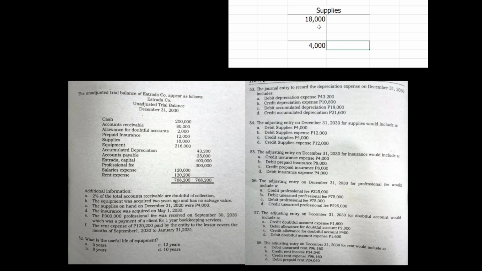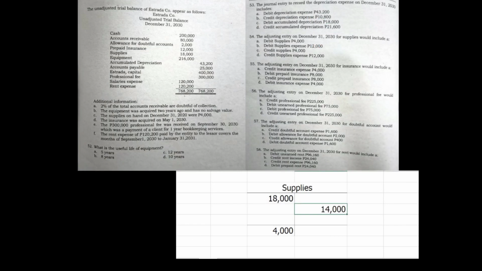Ibig sabihin, portion ng ating supplies ay na-expense na natin. So, 18,000 less 4,000, meron tayong 14,000 worth of supplies na na-expense. Again, meron tayong 18,000 from our unadjusted trial balance, and then meron tayong on hand, yung naiwan at the end of the year, 4,000. So, meron tayong na-expense na 14,000.